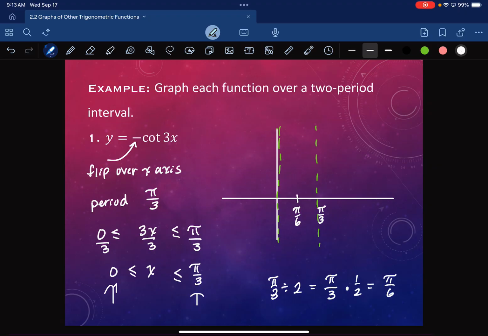That's what's happened here, okay? So that's halfway. It's pi over 6. And I'm going to draw the x-intercept at that location. So my x-intercept is right here at pi over 6.